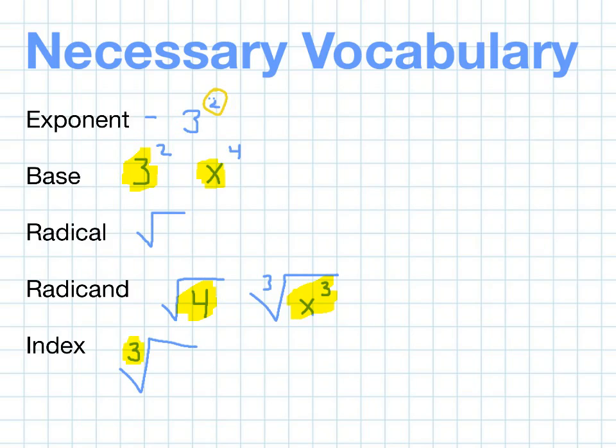We can do this to many different ideas, different powers. So in this particular one, the 5 is the index. When we have a square root, we generally don't write the index, but we understand that this would be a 2 for an index.